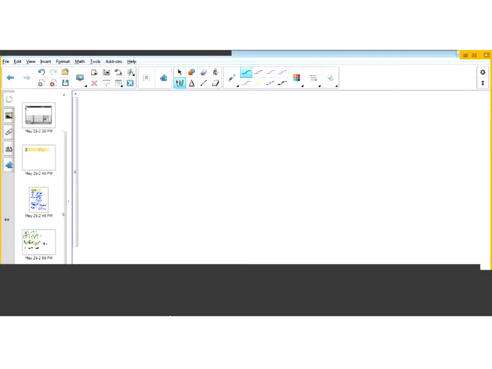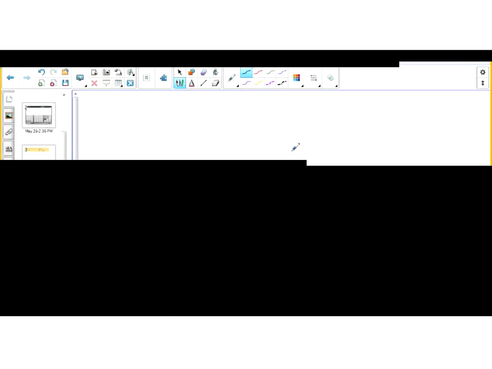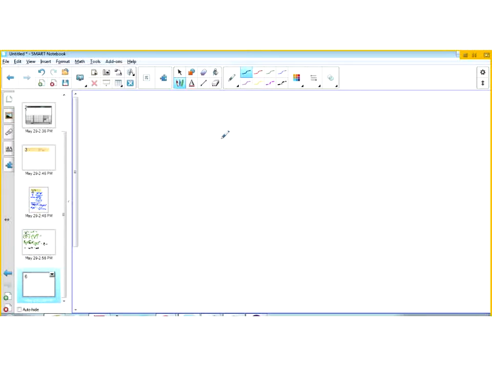Let me find the page that I want to go to. Somehow, okay. So let's see. Oh, yeah, it's not there yet. We're not there yet. Okay, so let's go ahead and calculate the derivatives of the hyperbolic functions.